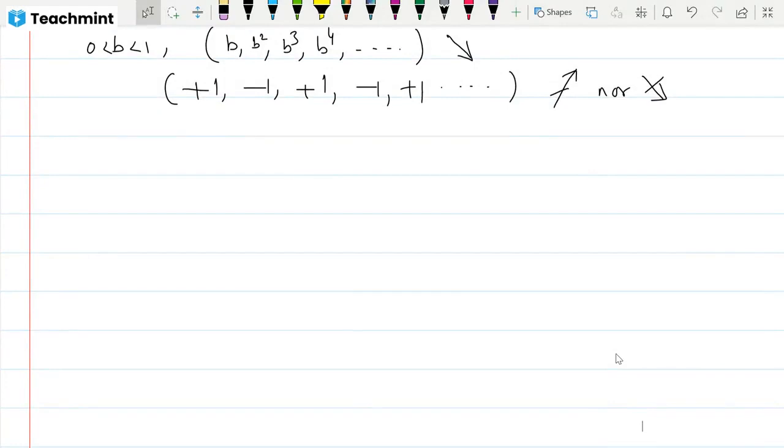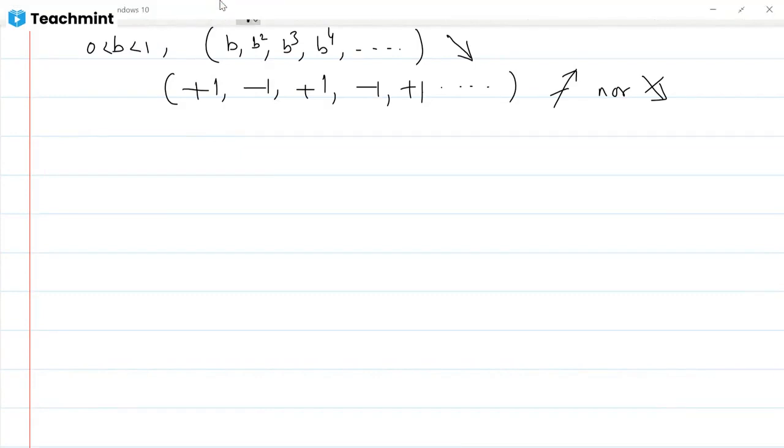But there is a drawback of this theorem. We can say the convergence or divergence of the sequence, but we cannot find the limit of this sequence using the result. Okay, so I am trying to convey an important result, so please be attentive.